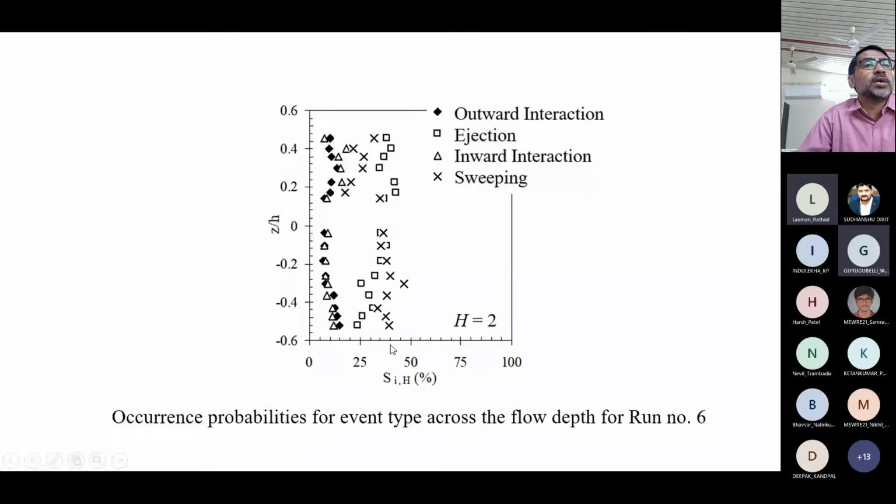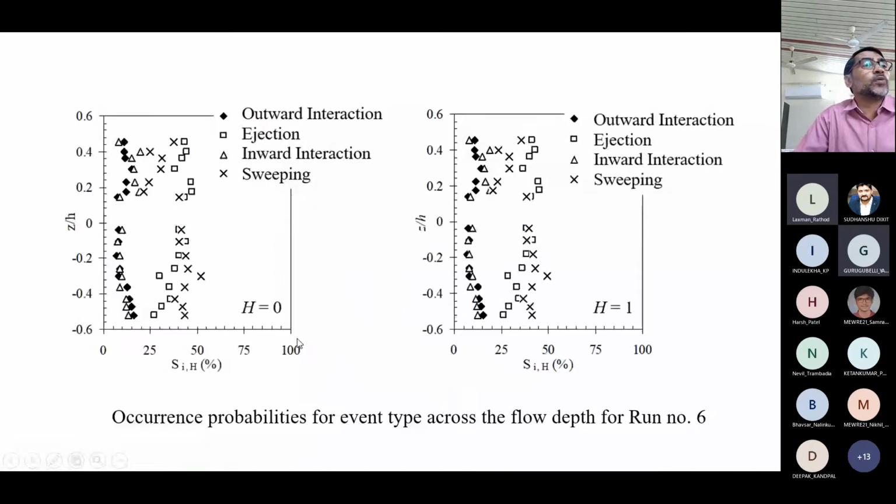I think it is around 35%, if you have h equals to 2, compared to h equals to 0, where it would be around 40% or 45. This is 45 because this is 50. Here it is near 40.